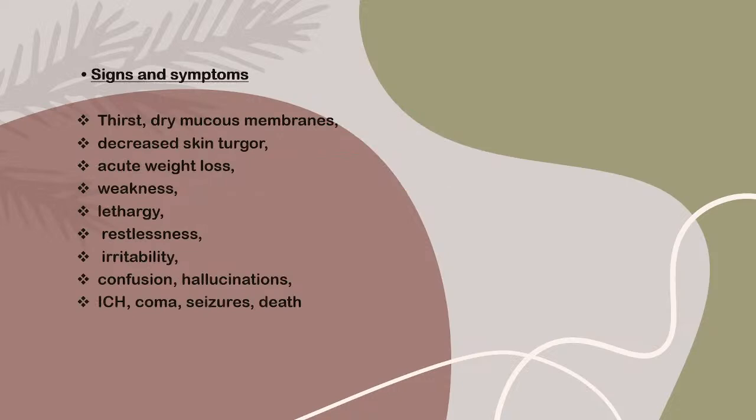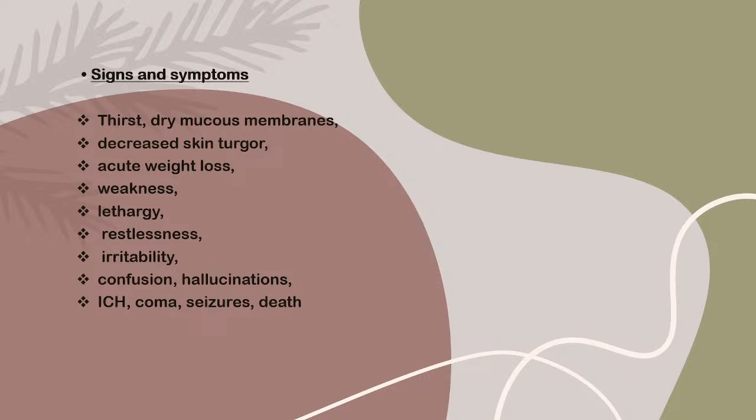If we talk about signs and symptoms of hypernatremia, there is thirst, dry mucous membrane, decreased skin texture, and acute weight loss. Weakness would be there, like body weakness. Malaise can also be there. Restlessness, the patient will be very irritable, and confusion and hallucinations would be there.